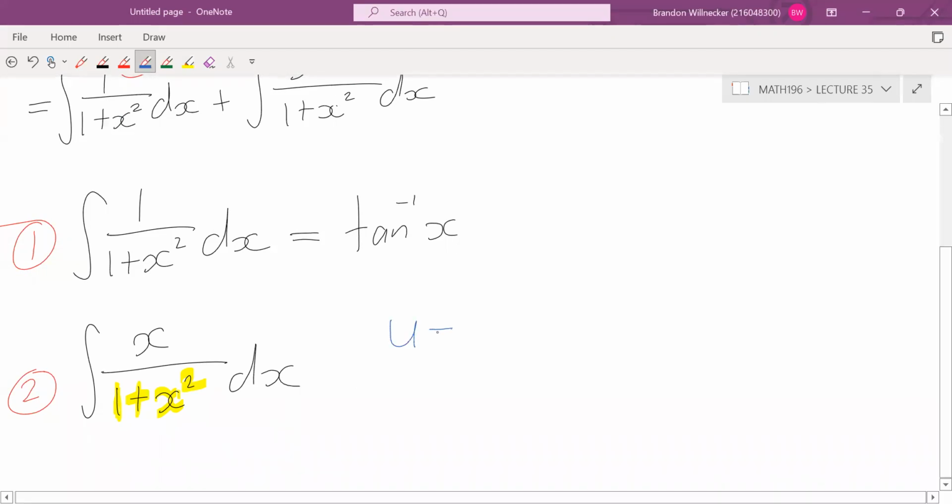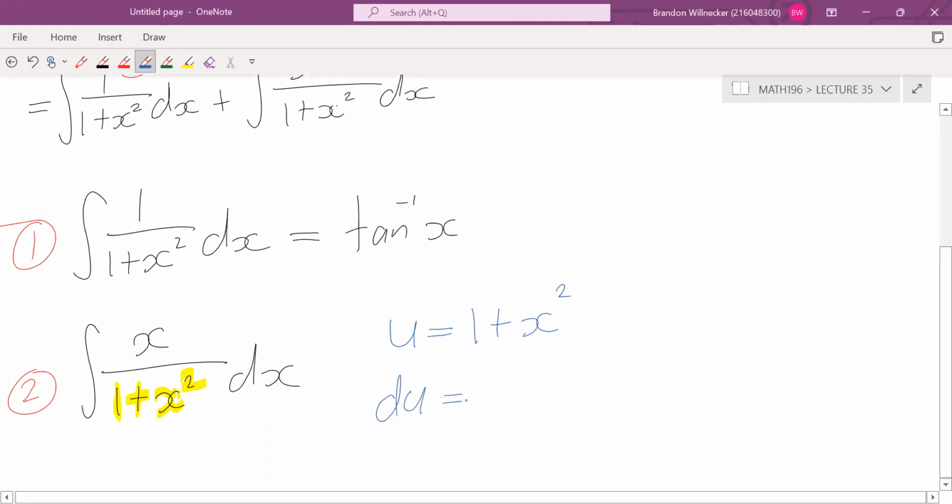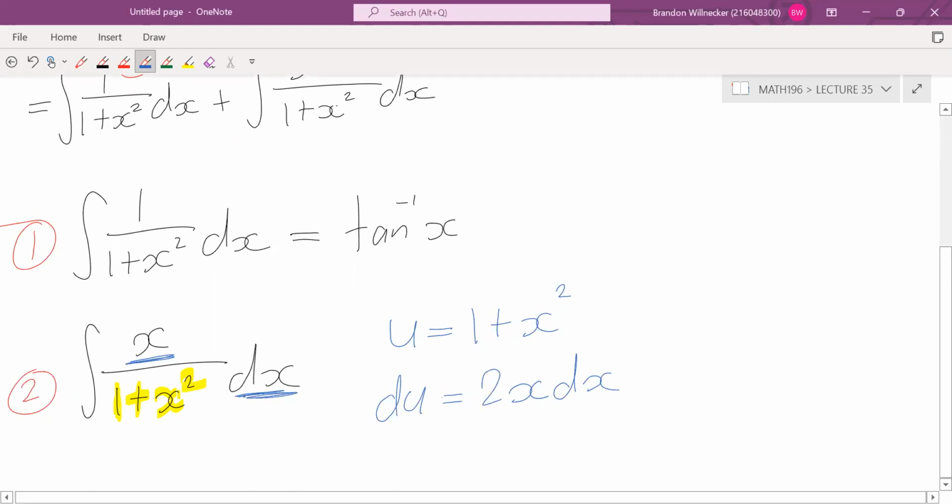So u is equal to 1 plus x squared. That's the denominator. We also need to find the differential. So that means we need to find du. So du is going to be 2x dx. Now you see in our integral, we have x dx.